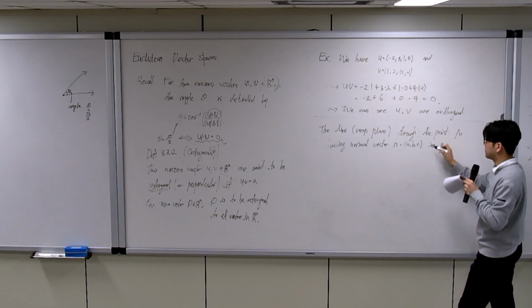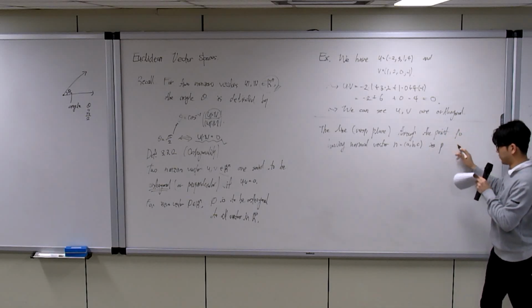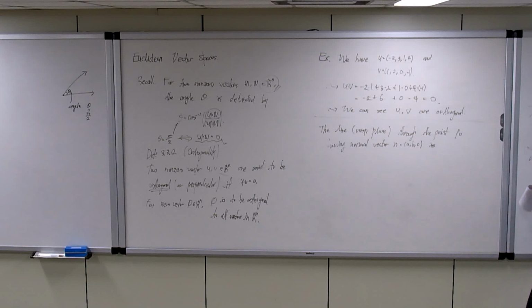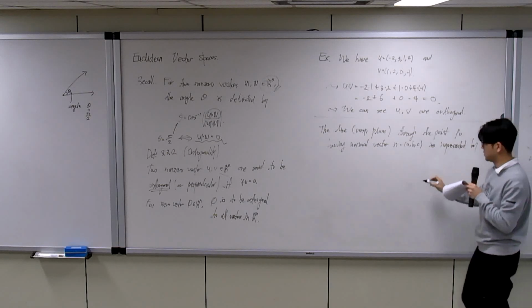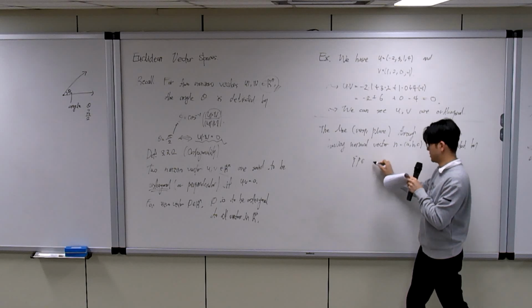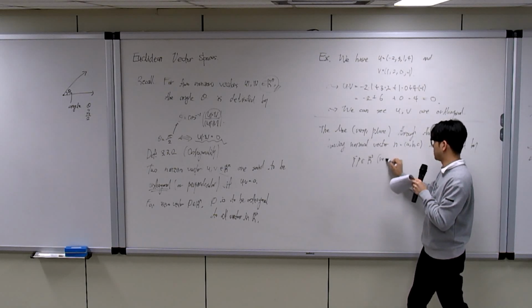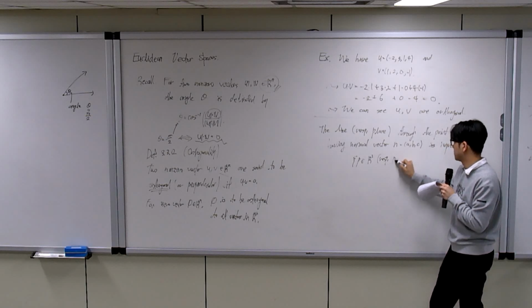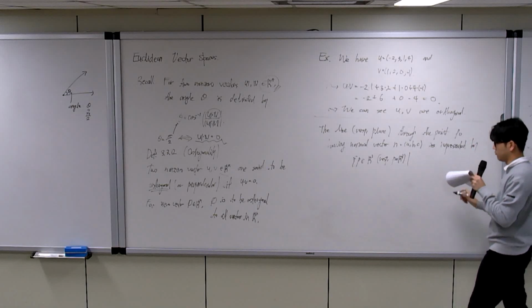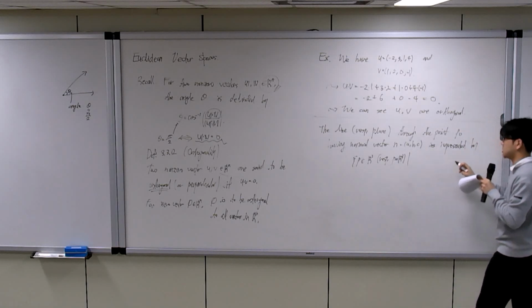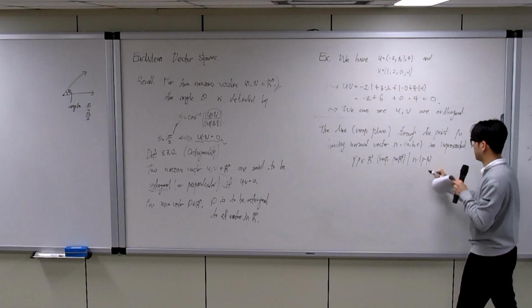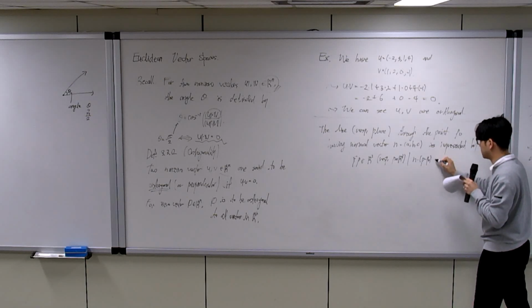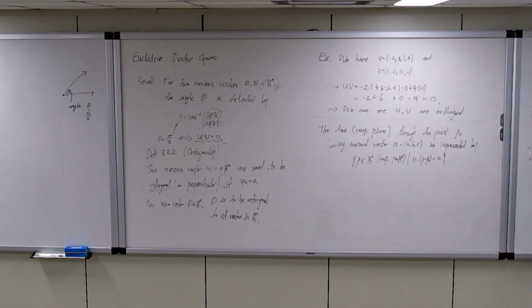And the line or plane will be represented by the set of points P in R to the 2, respectively R to the 3, which satisfy the equation n dot product P minus P0 equals 0, because we defined that each point is orthogonal to the vector u.